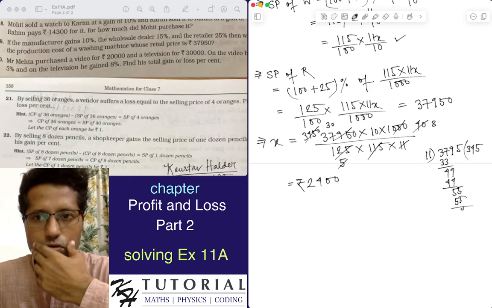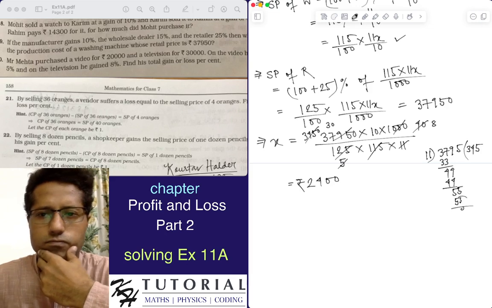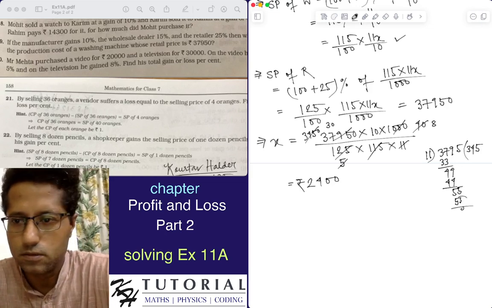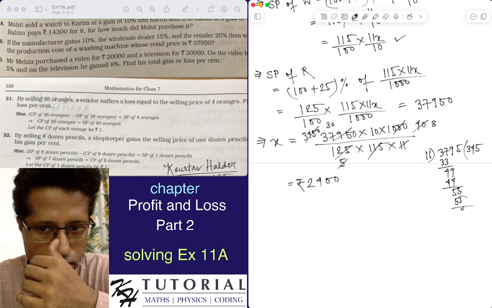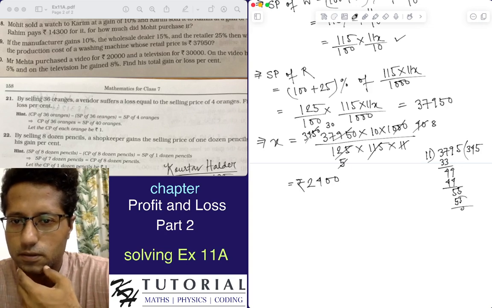2400. What was this the cost price of? No, this cannot be this small. 11 divides 37950 with 3450, and 115 divides 3450 with 30.